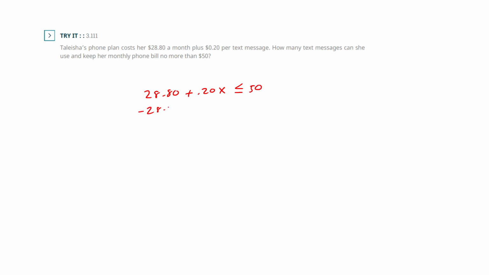So now, okay, divide both sides there, and I get 106. All right, so she can do no more than 106 text messages.